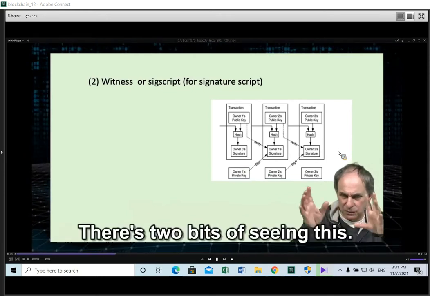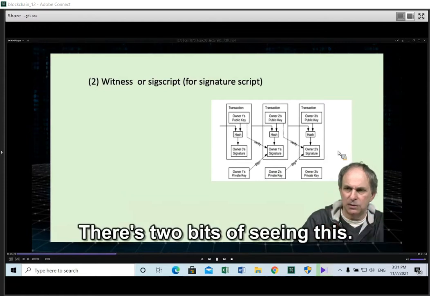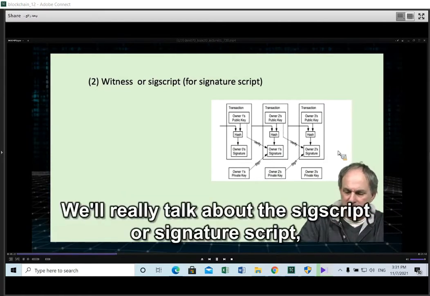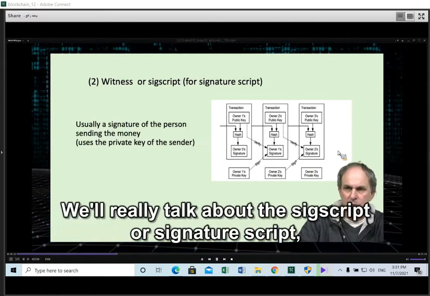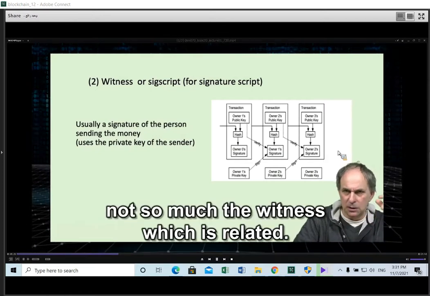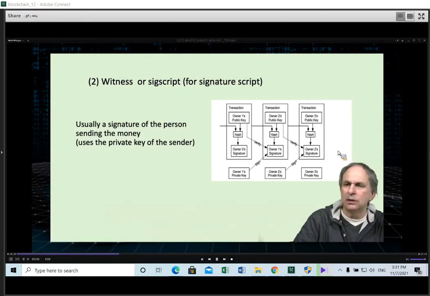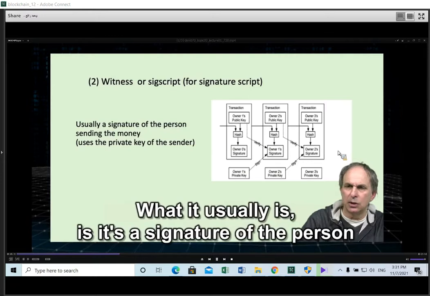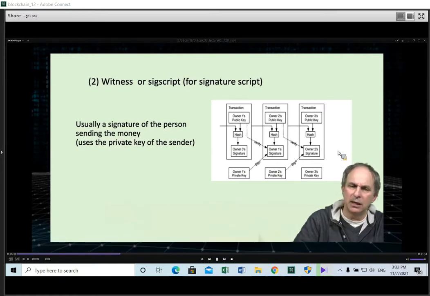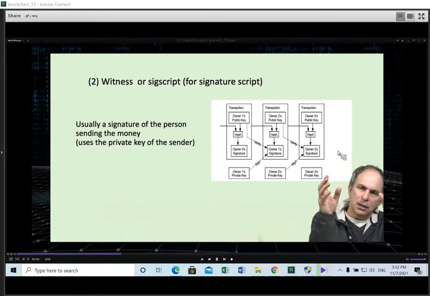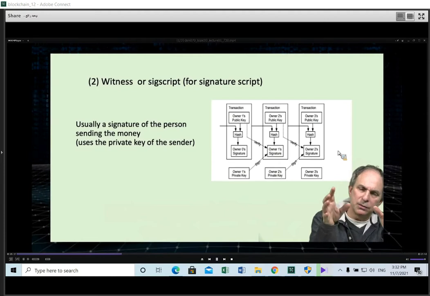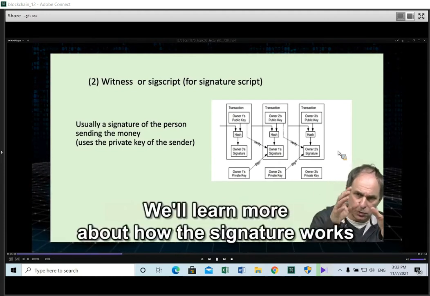The second thing is more complicated, and there's two bits of seeing this. We'll really talk about the SIG script, or signature script, not so much the witness, which is related. What it usually is, is a signature of the person sending the money. We'll learn more about how the signature works in the next topic.